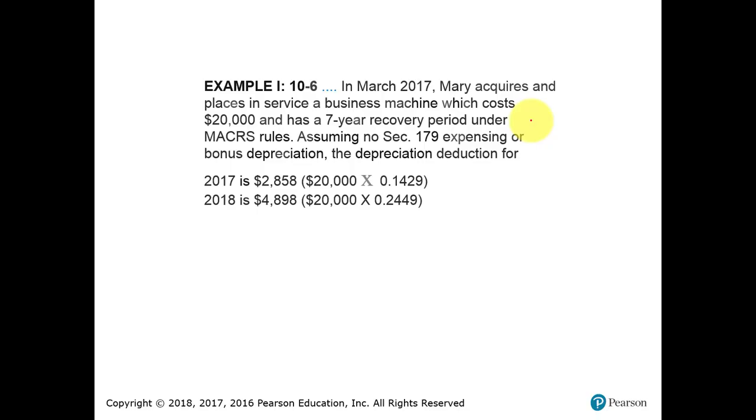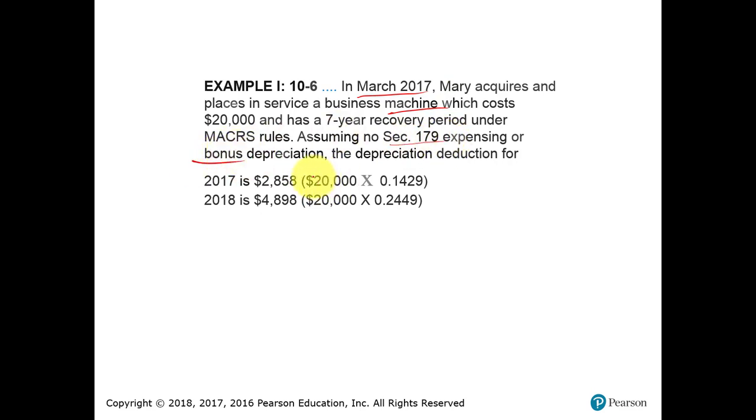So here's an example. We have Mary purchasing just in March, so none of that 40% rule for the last quarter applies. 20,000, 7-year life for a machine. We're not taking any Section 179 and bonus, which we'll learn in the second video.